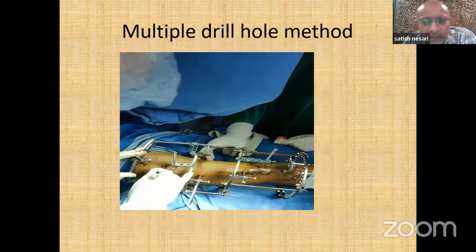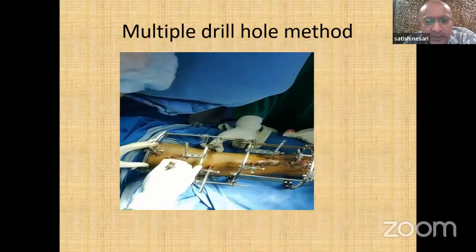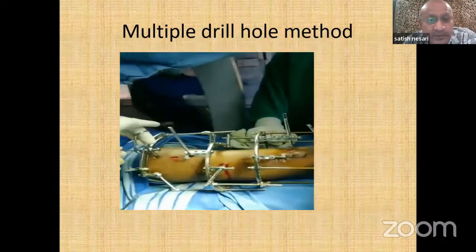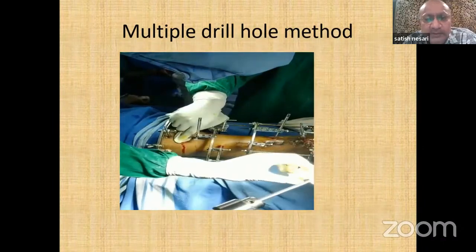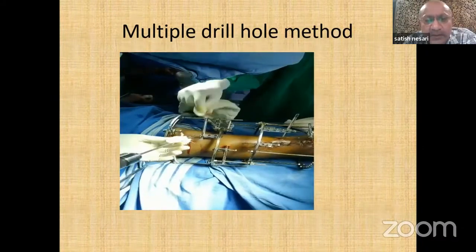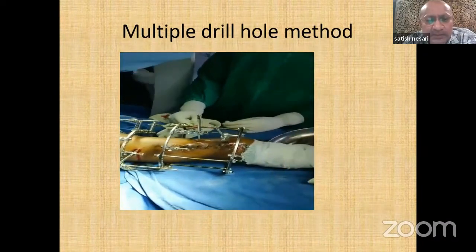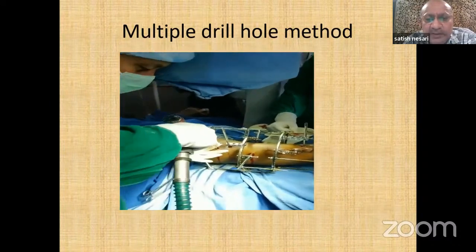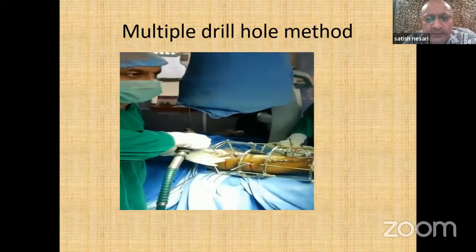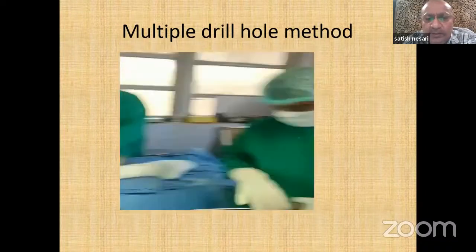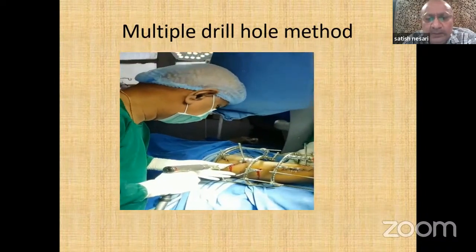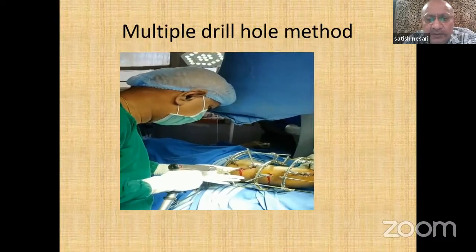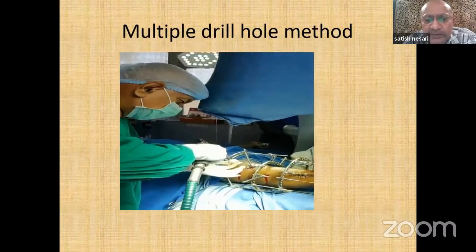This is one of the patients I have recorded. A 2 centimeter small incision is made. There is no periosteum stripping, only the muscles are separated. I personally use a 4.2 drill bit. Under C-arm guidance, I make an initial drill hole, and then with multiple directions, I weaken the opposite cortex, as shown.